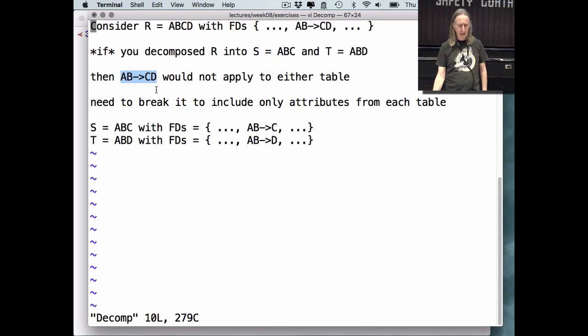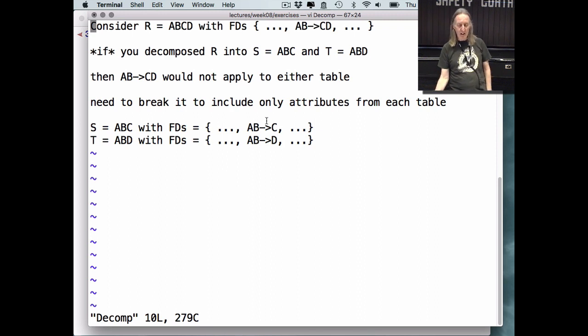So if we still wanted this functional dependency to be in the system somewhere, or to apply to the relevant tables, what we could do, remembering that AB determines CD, we saw yesterday that we can rewrite that using Armstrong's rules into AB determines C and AB determines D.